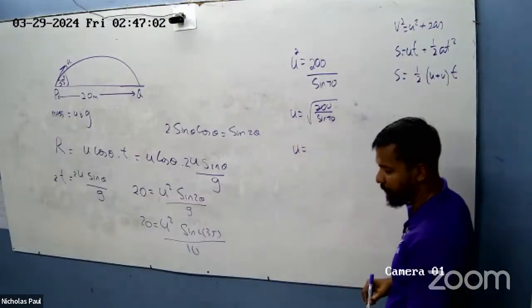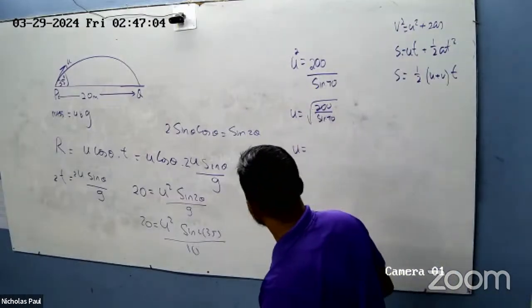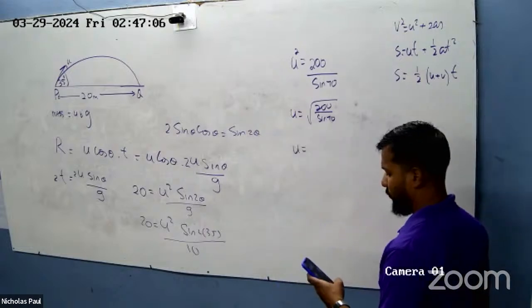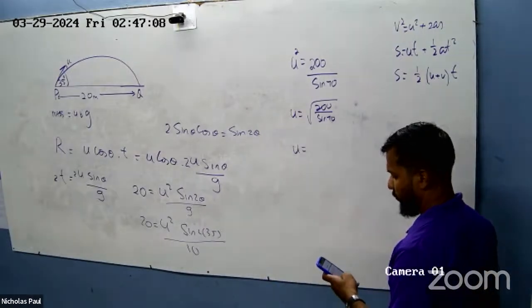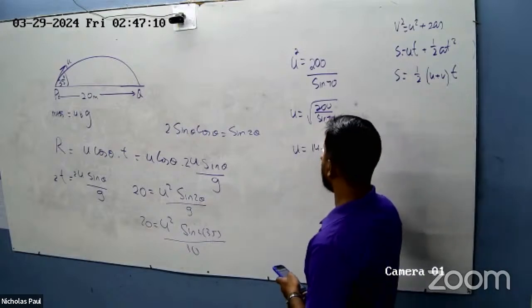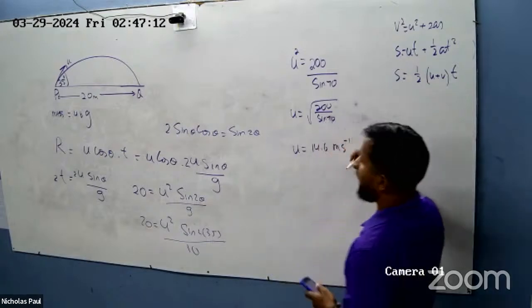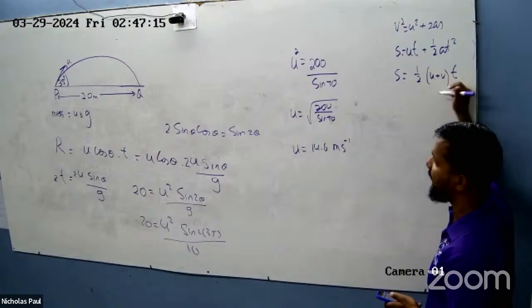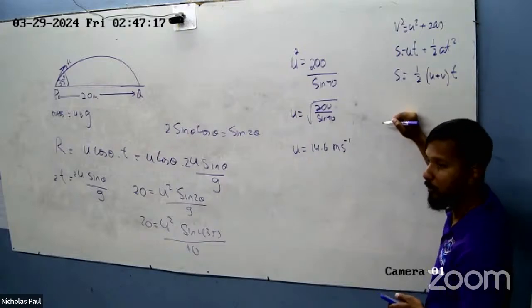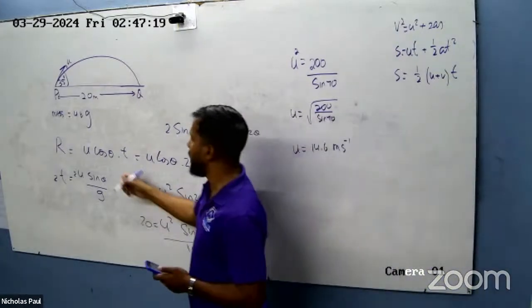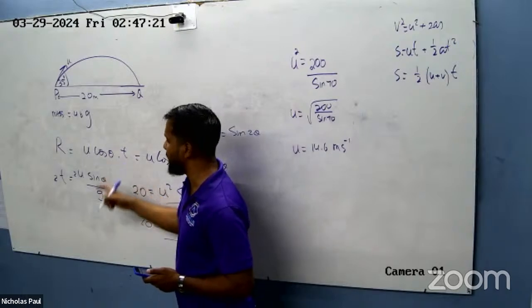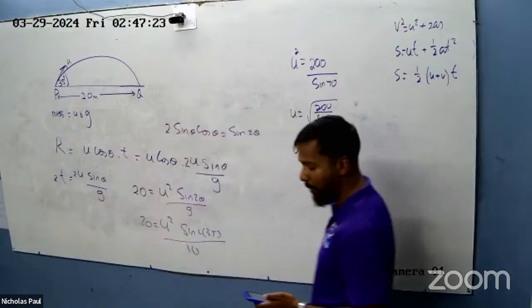How much is that? 14.6, right? So it's a little too much work to start here and develop the equation. We will have to learn at least the easy one, horizontal range and time to reach maximum height.